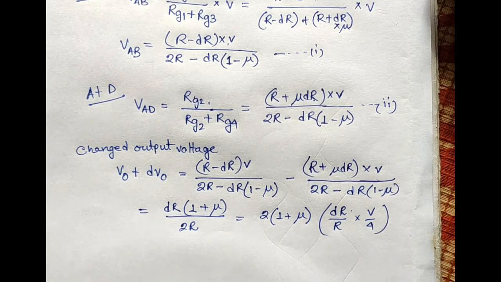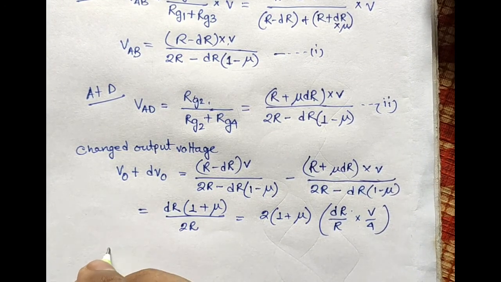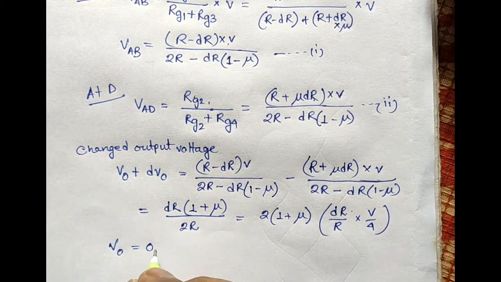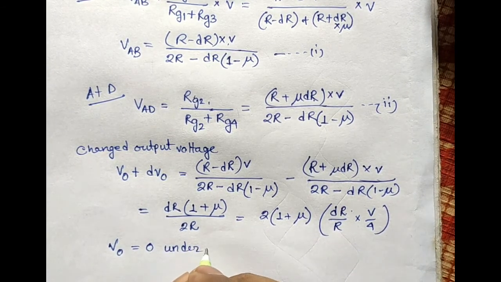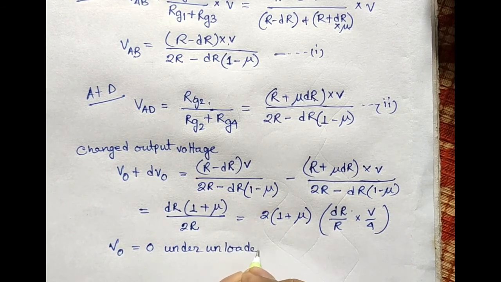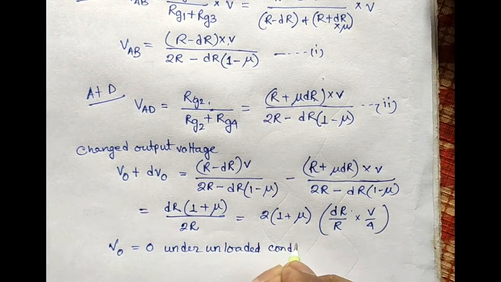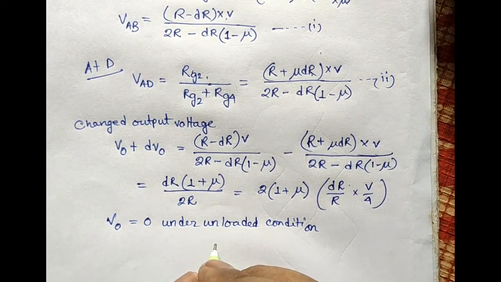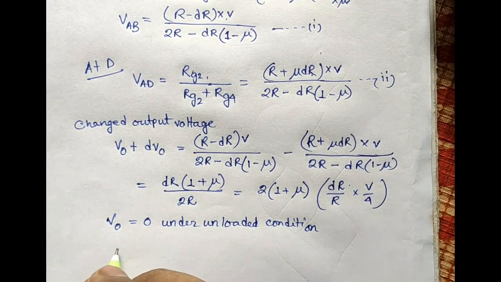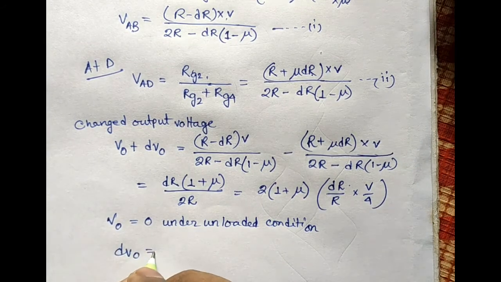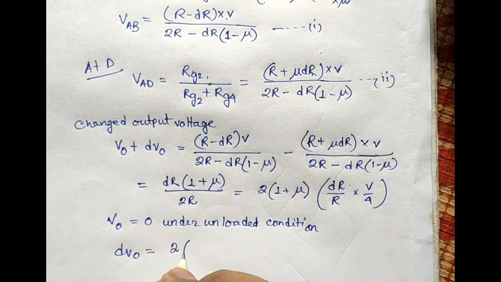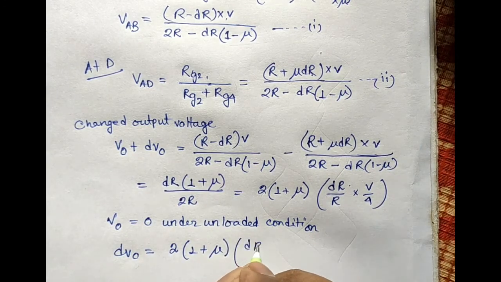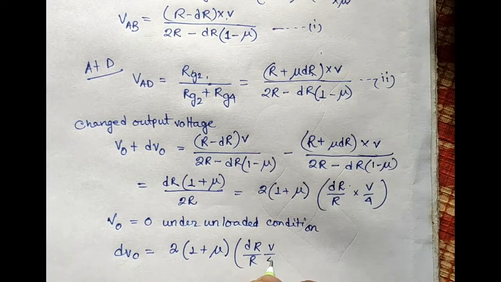Now if the output voltage V0 equals 0 under unloaded condition, then the change in output voltage due to the applied load becomes dV0 equals 2 times 1 plus mu times dr by R times V by 4.